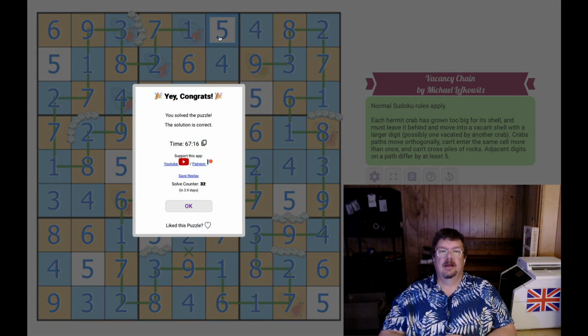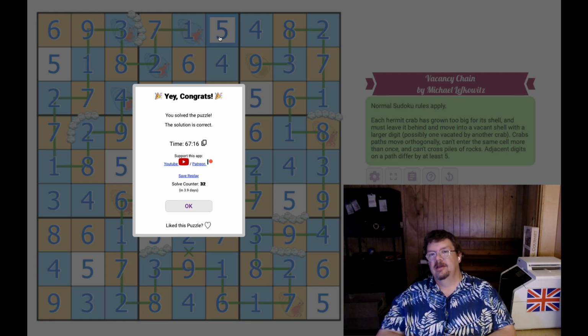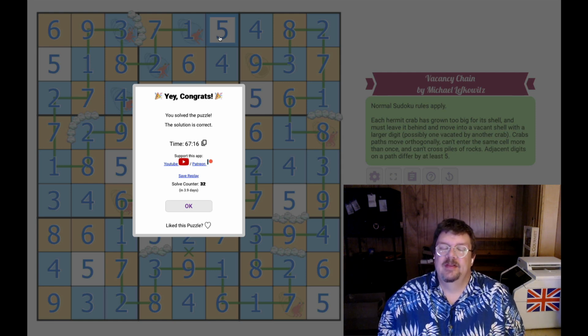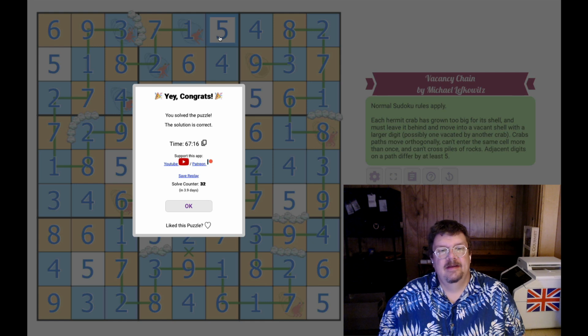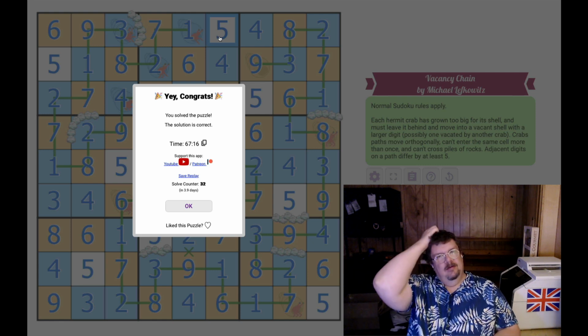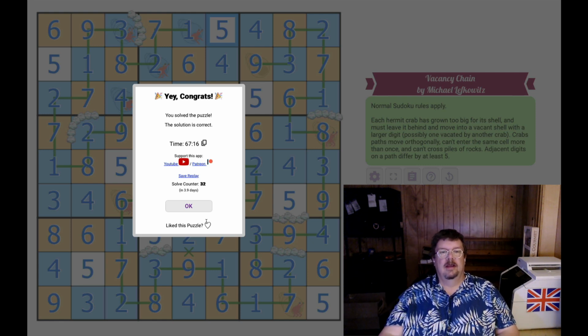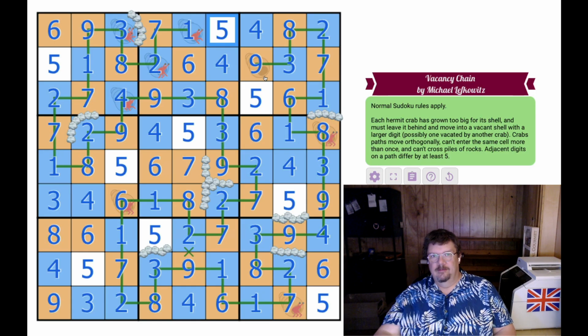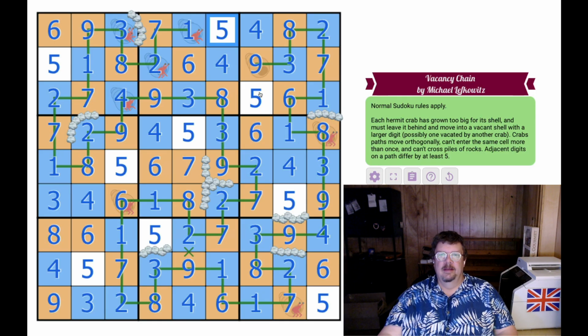Little over an hour, which, frankly, for the level of puzzle and the kind of solver I am, I think that's quite reasonable. That was an awful lot of fun figuring that out. Despite figuring out that I'd made a logical error up in box three, up in this corner here, from the nine to the one that I thought I had.